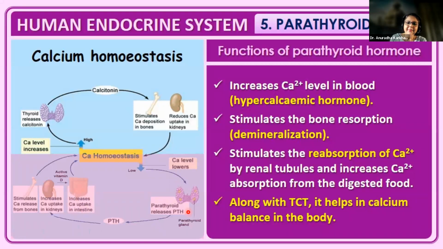So what has happened? The parathyroid gland has released PTH. PTH has got 3 options. What is the first option? Increase calcium uptake in the intestine. What does that mean? Whatever food we have eaten, absorb calcium from there and deposit it in the blood. First option. Did you understand the first option?